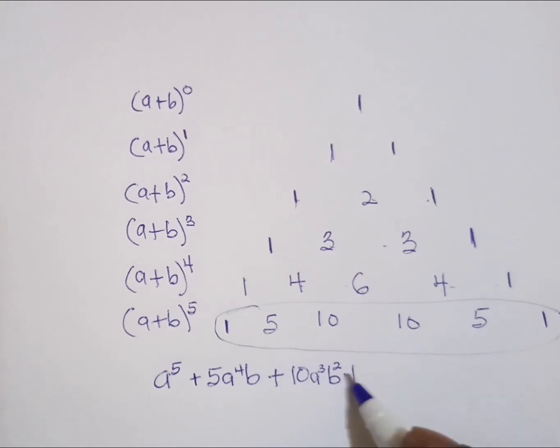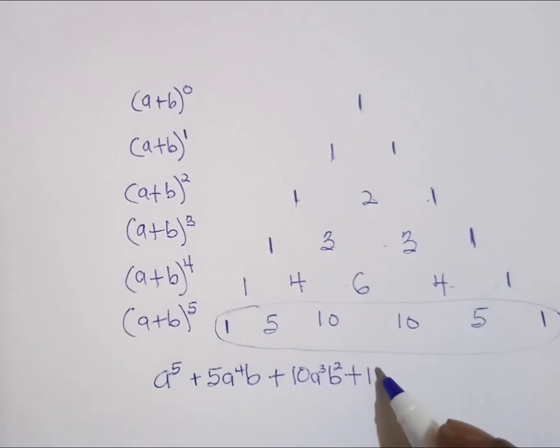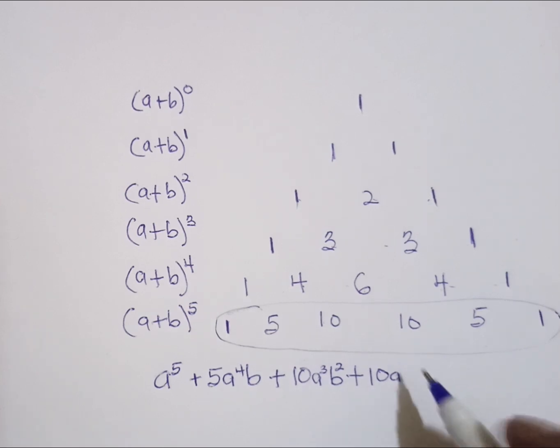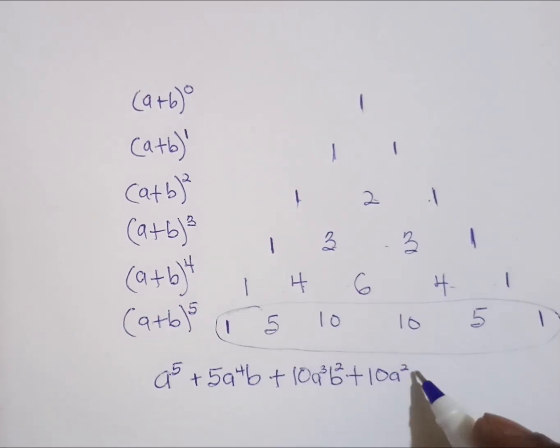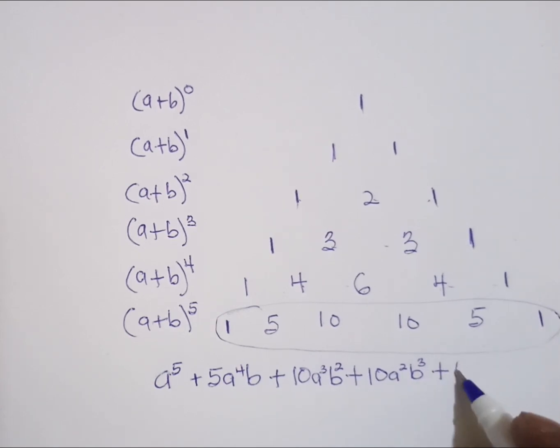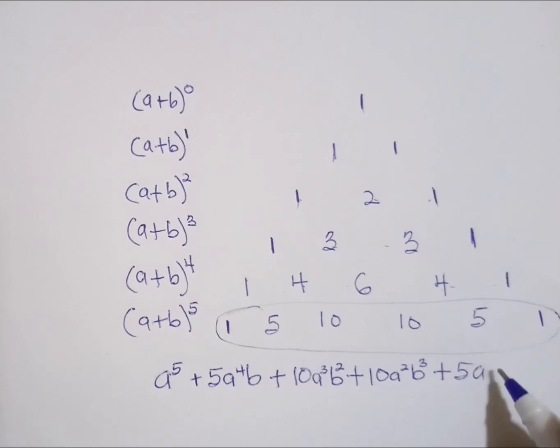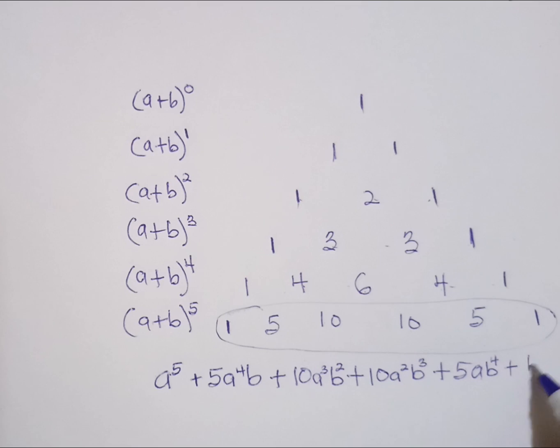My next coefficient is 10. Then a will reduce by 1, so I have 2 here, then b will increase by 1, so I'll have 3 here. My next coefficient is 5. A reduces, b increases. And then my last part is b exponent 5. Good.